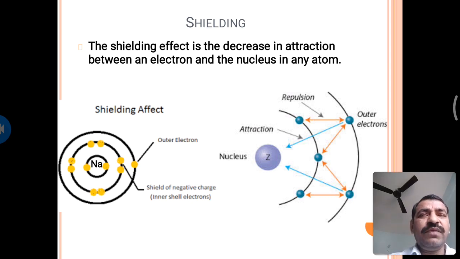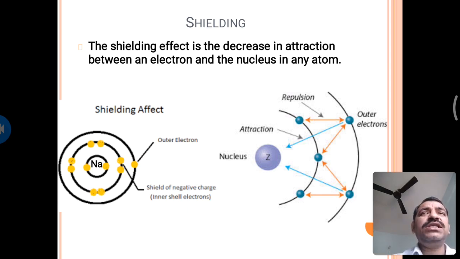Here we explain the sodium atom. What is the atomic number of sodium? 11. So 11 protons and 11 electrons are present in the sodium atom, which means a nuclear charge of 11.